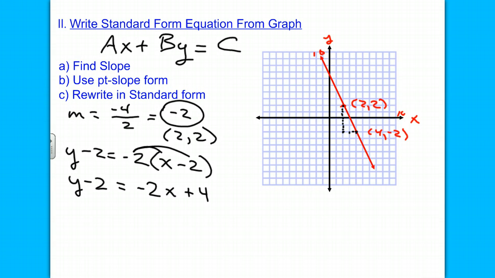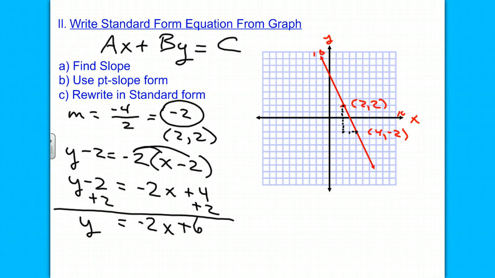So now what might we want to do next, do you think? Add 2, so we can get these two like terms grouped up. And we have y equals -2x plus 6, and this is a beautiful slope-intercept form. And so what's the last thing we need to do to get this into standard form up here?